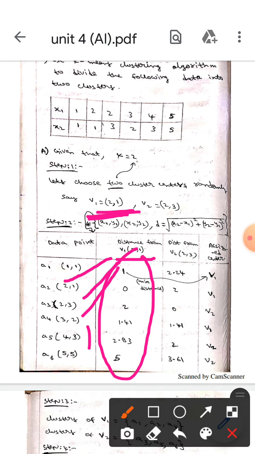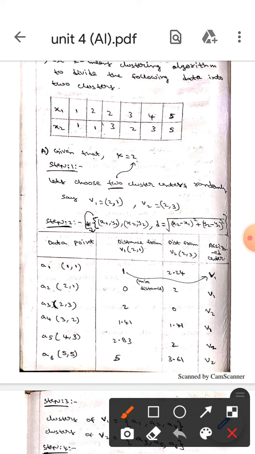Then after this I will find the distance between the data points and cluster center 2. Here I will find the distance between a1 and v2, a2 and v2, a3 and v2, and so on.